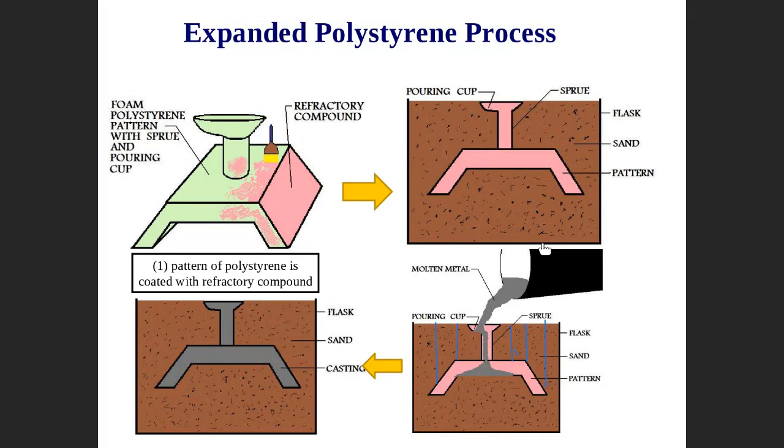Why? Because the most complicated shape you can produce is by using this method. Because you don't have to take the pattern out. Once you put a pattern, no need to take it out. In ordinary sand casting, you have to put a pattern and then you take the pattern out to create a cavity.